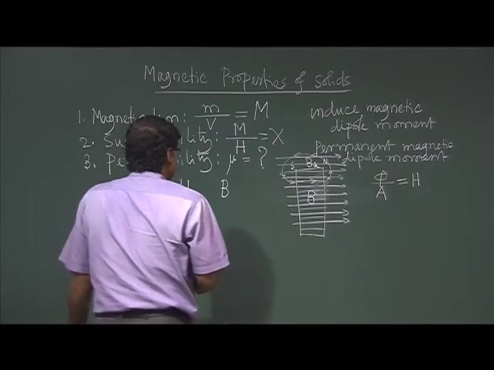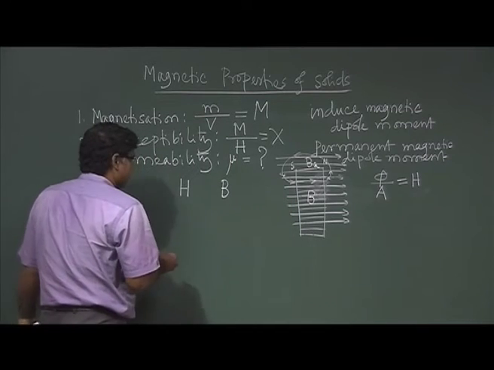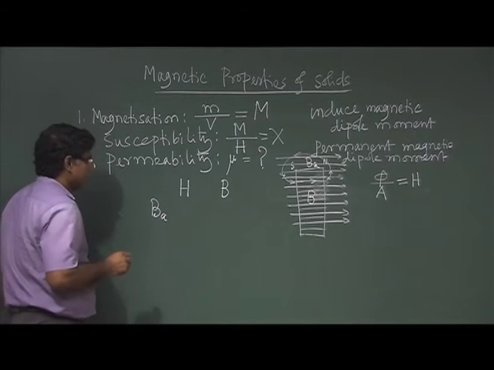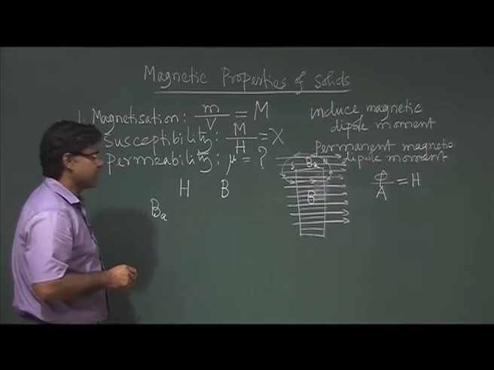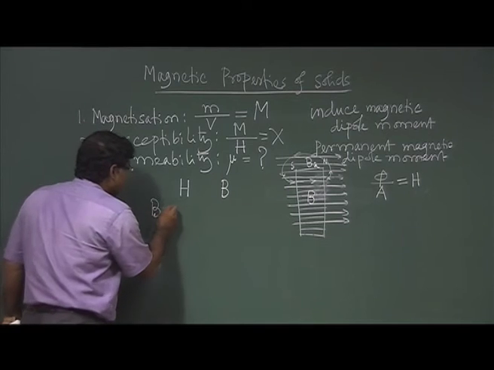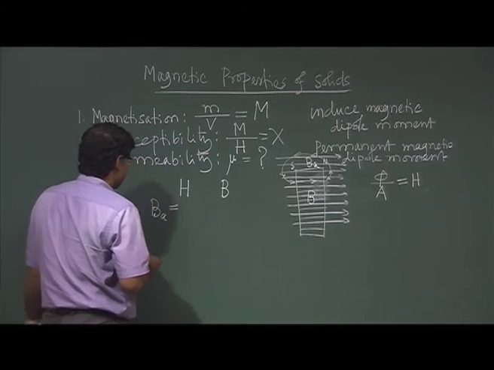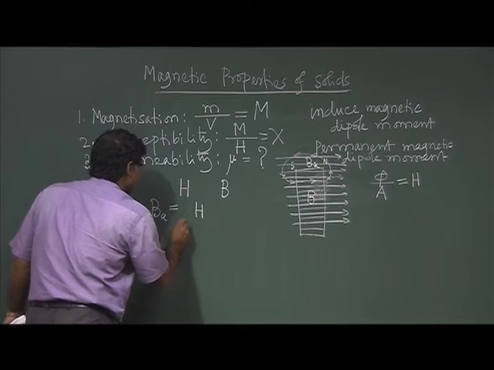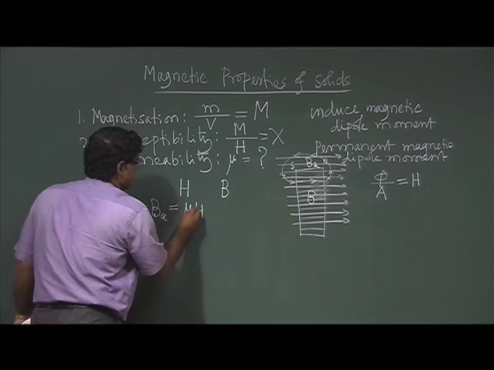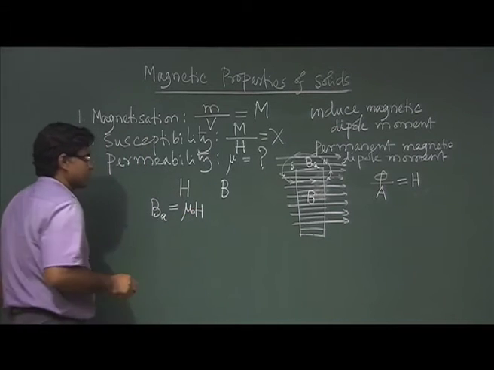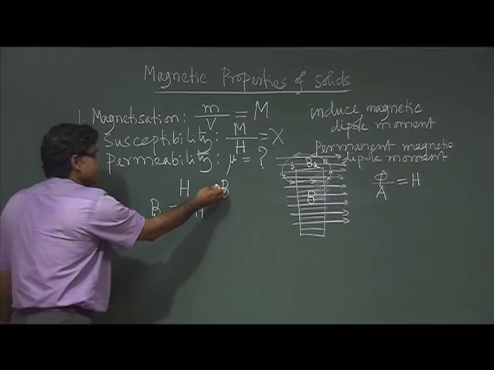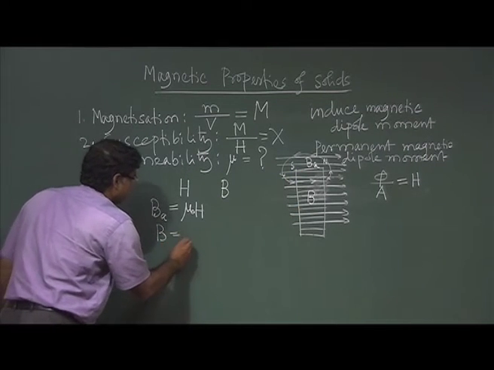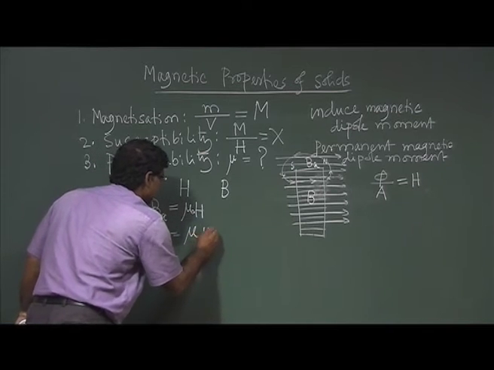So, in the presence of a magnetic material in air, we use this term B_A, and B_A equal to, we write it in relation with H, mu 0 H. And B inside this material we write as B equal to mu H. Okay.